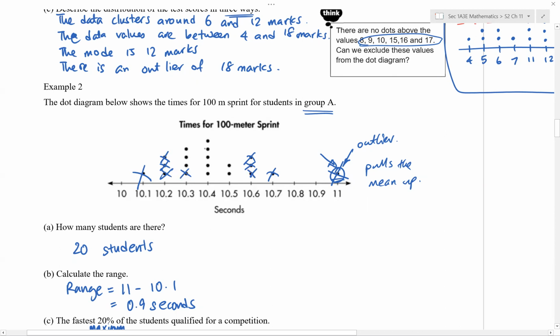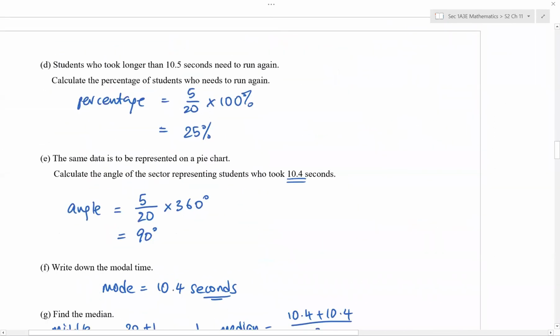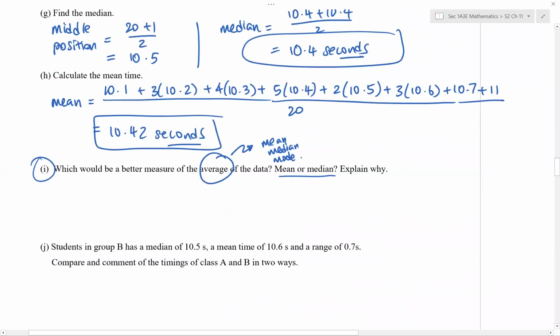So going from the bottom to the top, cancel, cancel. And we are left with the center values. We take the average of these two to find the median value. So by doing this crossing out, we are just going to ignore the value of the outlier. But we noted that there is one large value over there. So to answer this type of question, we will always say the better measure of the average is the median.